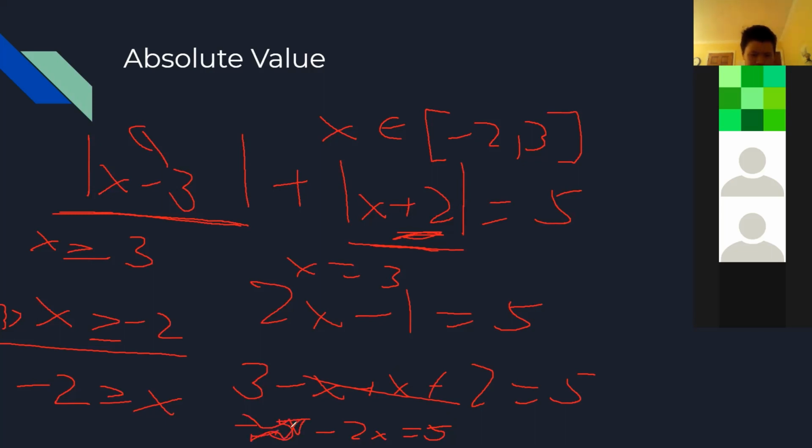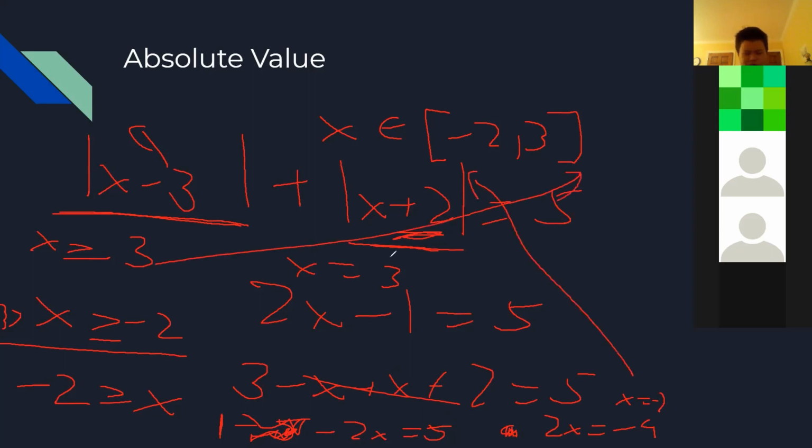Sorry, not -5. This is -2, this is 3, so it's 1. So 2x equals -4, x equals -2, which is also part of this. So the solutions to this one are kind of boring, but I hope you see the point.